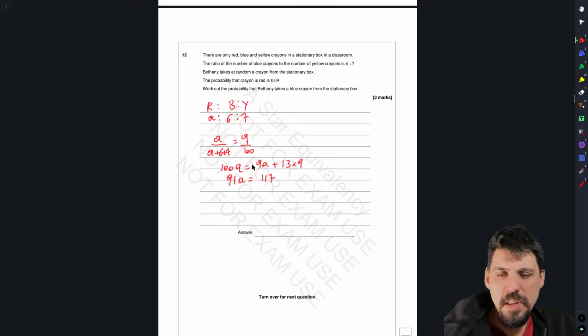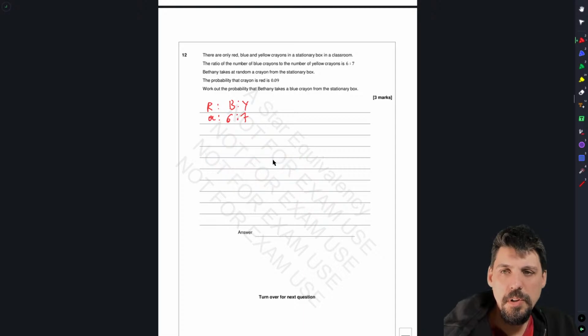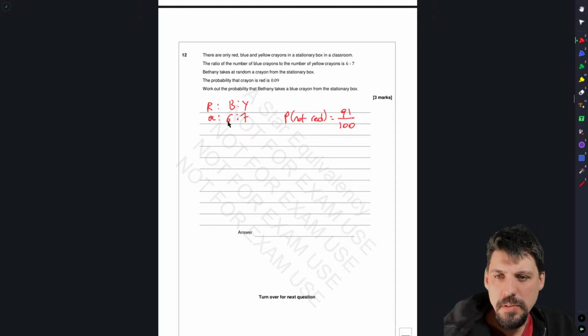I know what I'm going to do instead. Much, much nicer than this. The probability of not red is therefore 91 out of 100. So 6 plus 7 is 13.